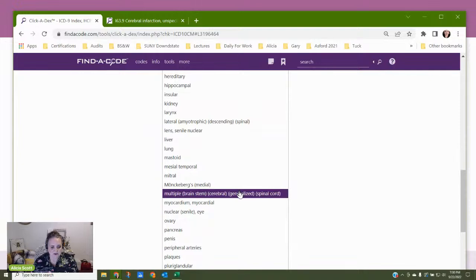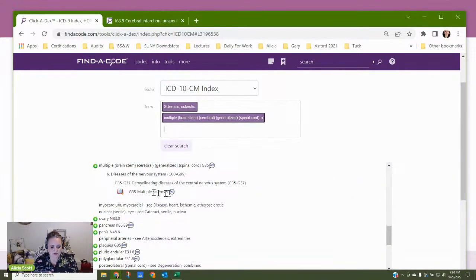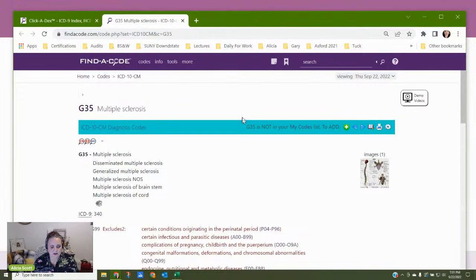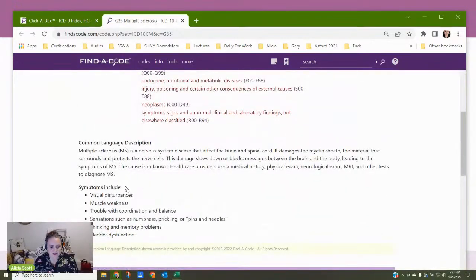So here we go, brain. And multiple sclerosis tells me it's G35. I go in, I look there, get rid of that. All of the different verbiage, which is also in your manual, and then symptoms and information about that.